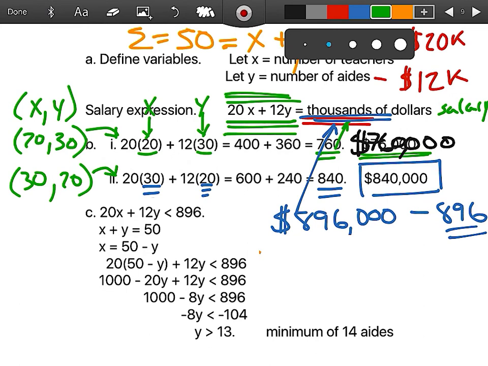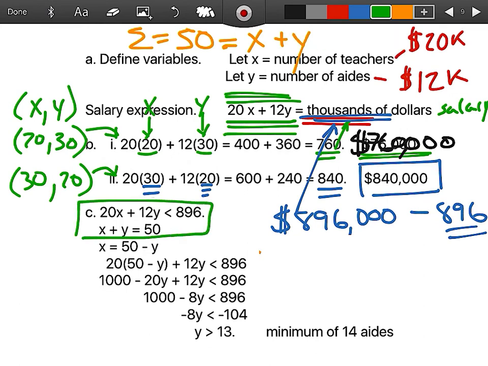Moving forward from these two equations, I remember I wanted to solve for the number of aides, so I am solving for y. I'm going to put this equation in terms of x, and that will let me have y as the unknown.